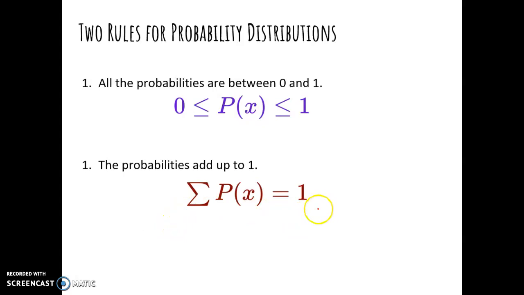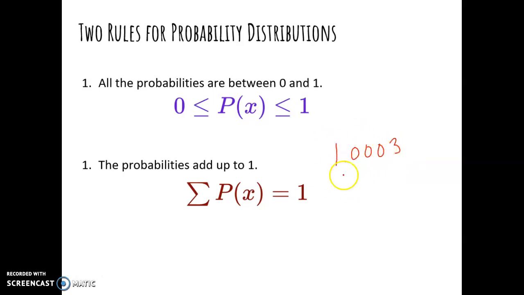The only time that it doesn't happen is occasionally when you round your probabilities, let's say to 4 decimal places. You might get a probability like 1.0003, and that has to do with the rounding. But if you gave the exact results, let's say in fraction form, and added them together, they would add up to be 1.